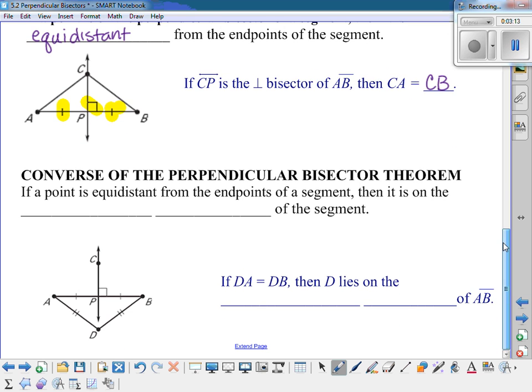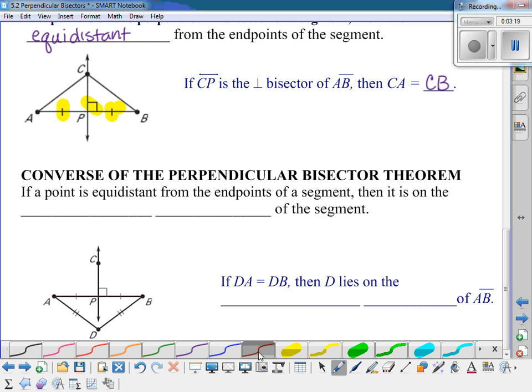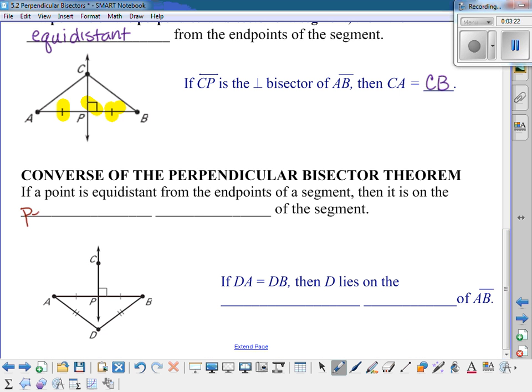The converse is also true. If a point is equidistant from the endpoints of a segment, then I know it is on the perpendicular bisector of that segment.